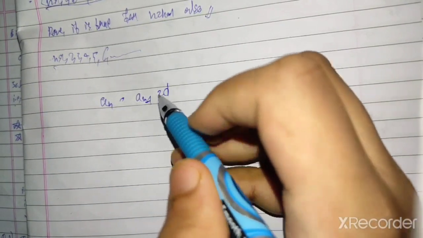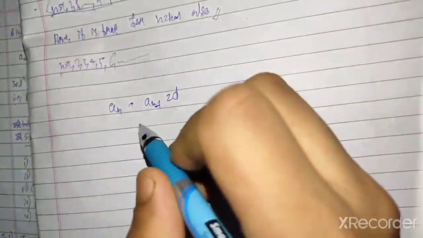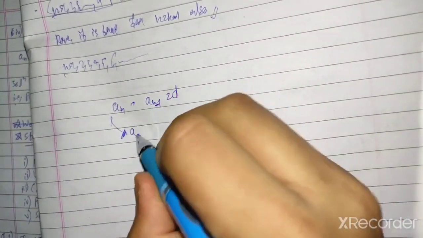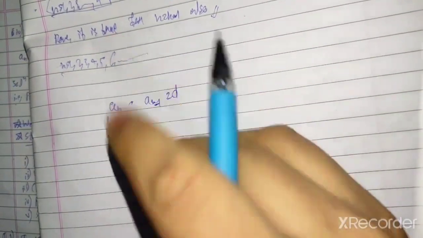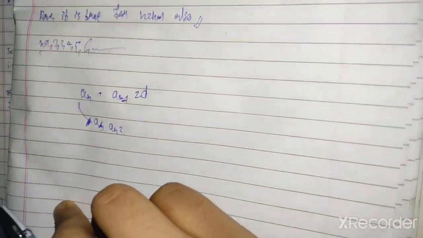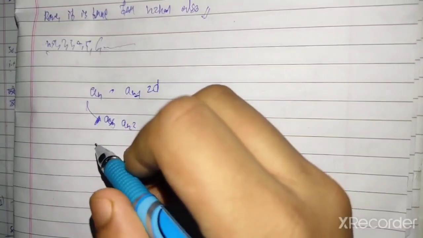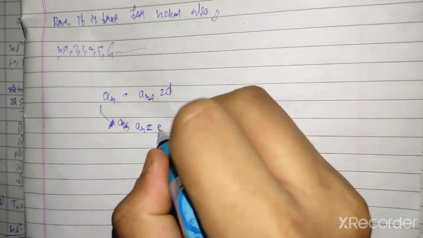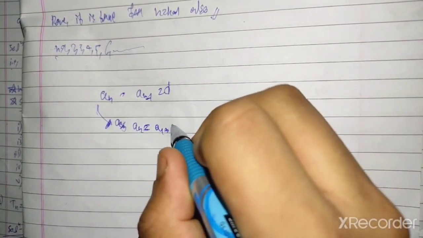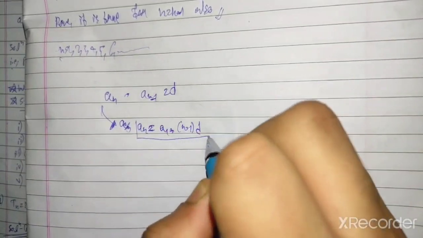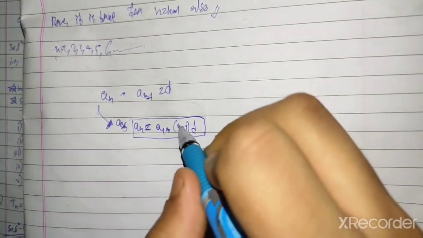Now those who have read arithmetic progression must know that its general term a_n is nothing but the first term a_1 plus (n minus 1) times the common difference d. This is the solution. Why is it the solution? Because it depends only on the variable n.